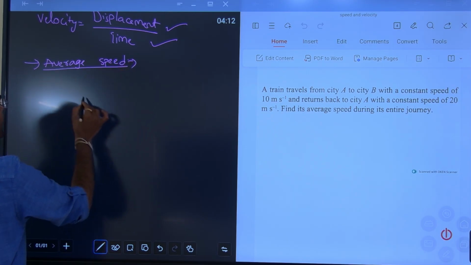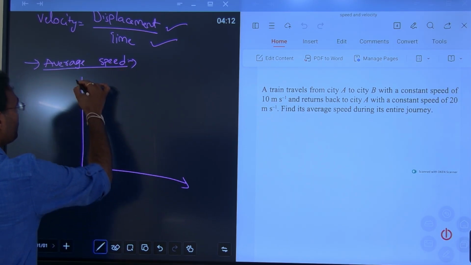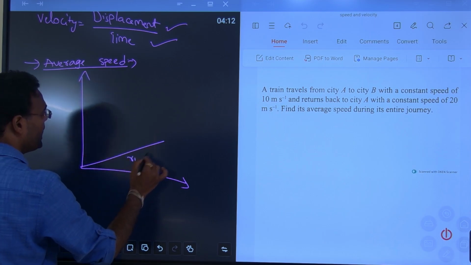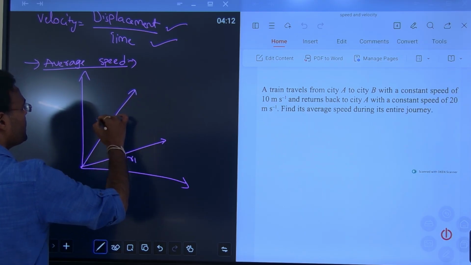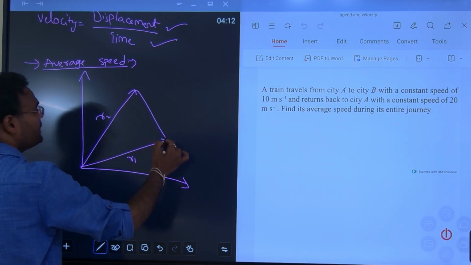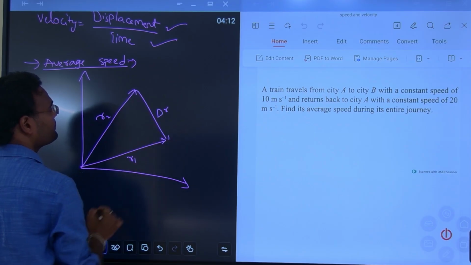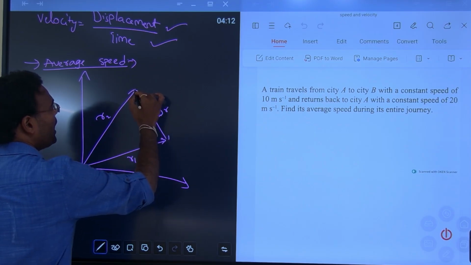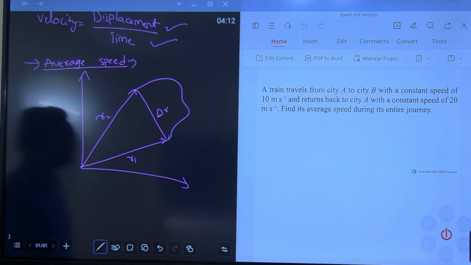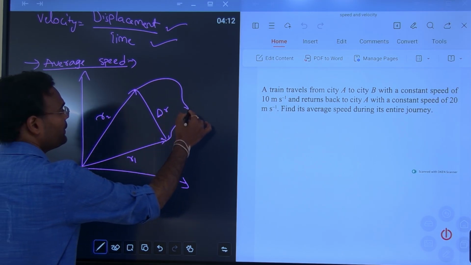Let us see. Suppose this is position vector r. This is the position. Suppose the object starts its journey and comes up to here.